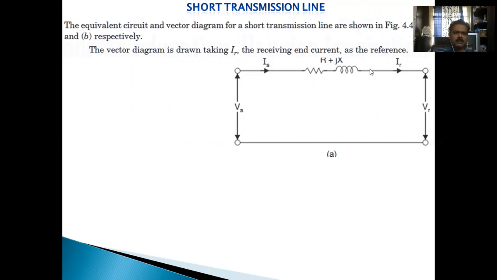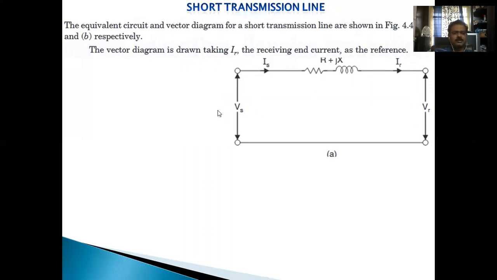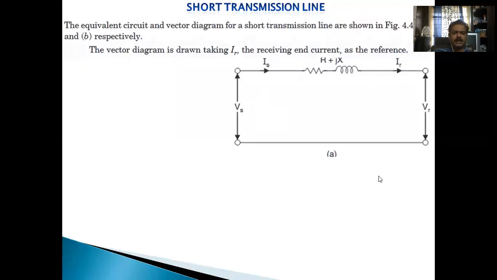The shunt elements are just neglected. Here VR represents the receiving end voltage. Similarly, Vs is the sending end voltage, Is is the sending end current, and IR is the receiving end current.